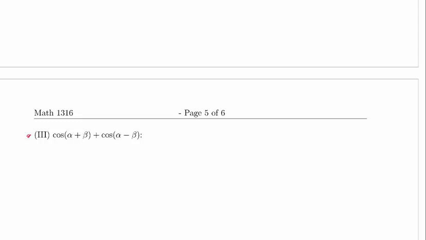So cosine of alpha plus beta equals cosine alpha cosine beta minus sine alpha sine beta, then cosine of alpha minus beta, and now it's a plus.